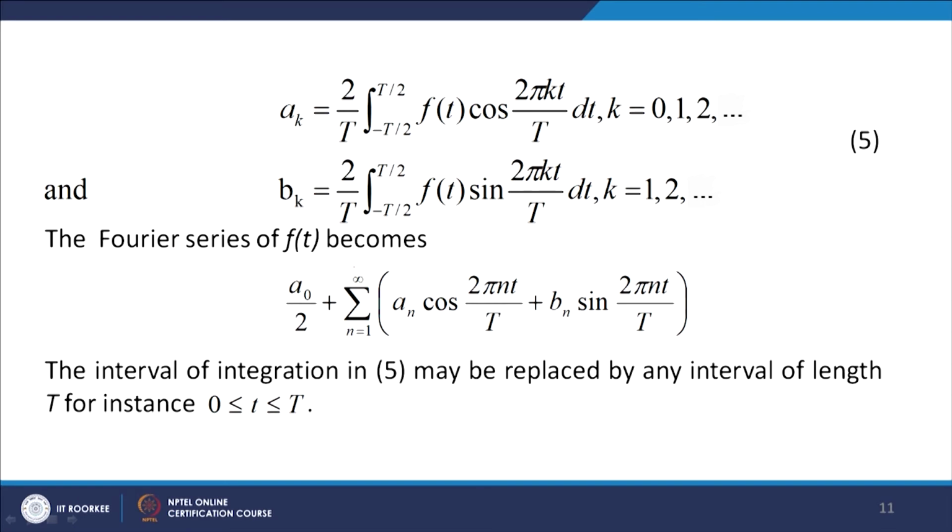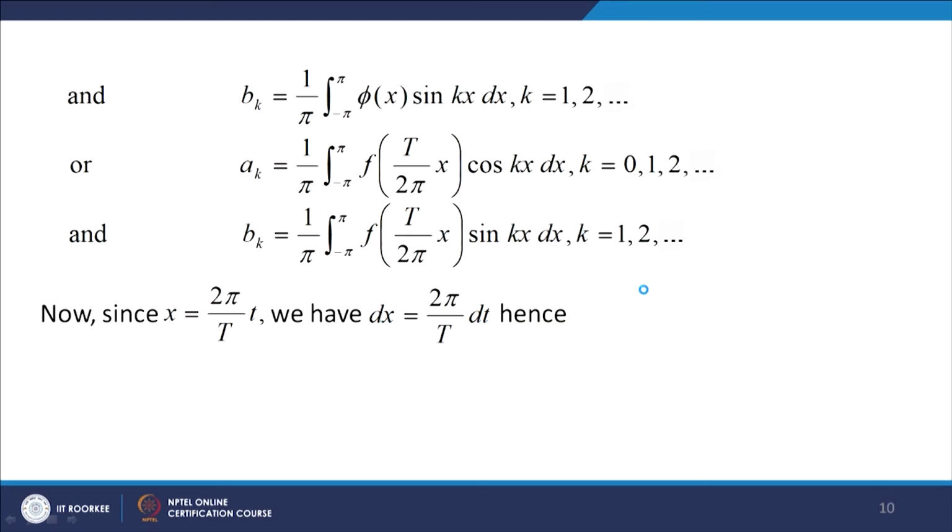The Fourier series of f(t) now becomes a_0 by 2 plus sigma n equal to 1 to infinity a_n cos 2 pi nt by T plus b_n sin 2 pi nt by T. The Fourier series for the function phi is a_0 by 2 plus sigma k equal to 1 to infinity a_k cos kx plus b_k sin kx. So, let us put x equal to 2 pi t over T to get the Fourier series for the function f.